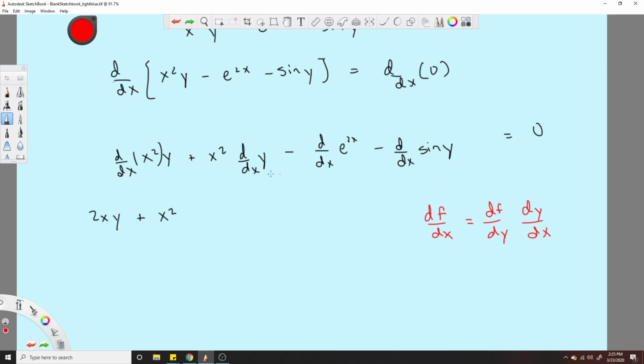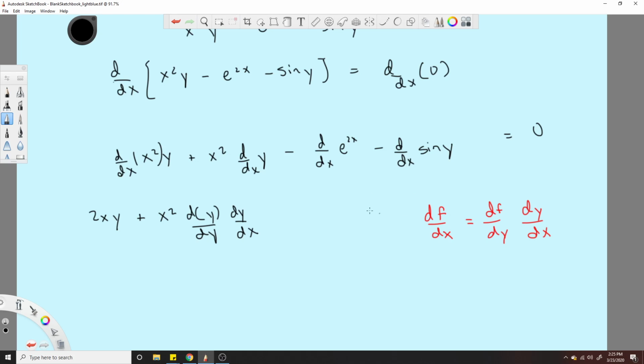So what does that mean for this situation? Well, you would have your x squared, and then you'd have the derivative with respect to y, which would be 1, right? And then you would also have to have this dy dx. So you'd have the derivative of y with respect to y, and then you'd have to multiply that by dy dx.